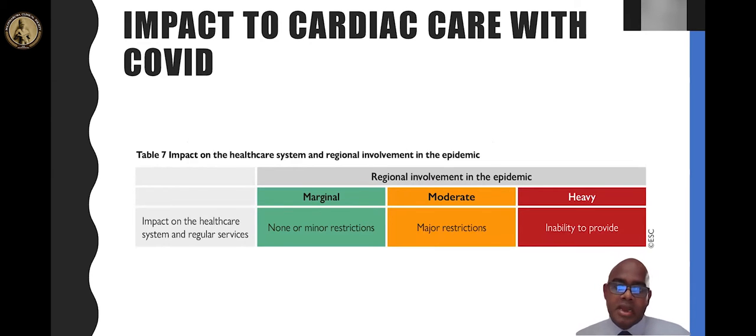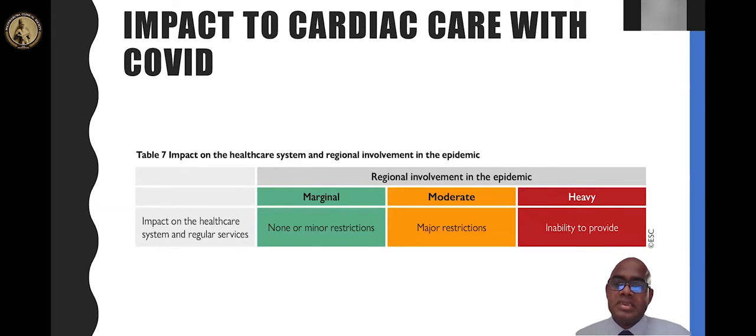Now, not only in a country like Sri Lanka but also in other countries, they have virtually divided the regional epidemic patterns to guide their treatment prioritizations. Marginal involvement is basically where COVID is non-existent in that country and only sporadic cases are there.